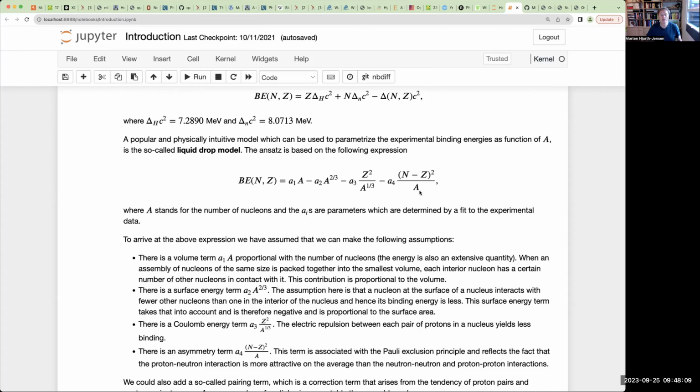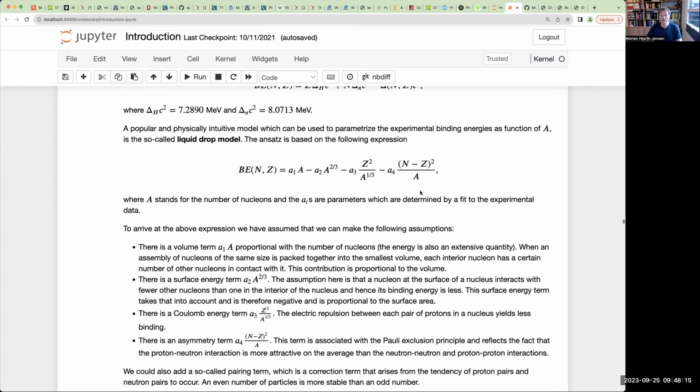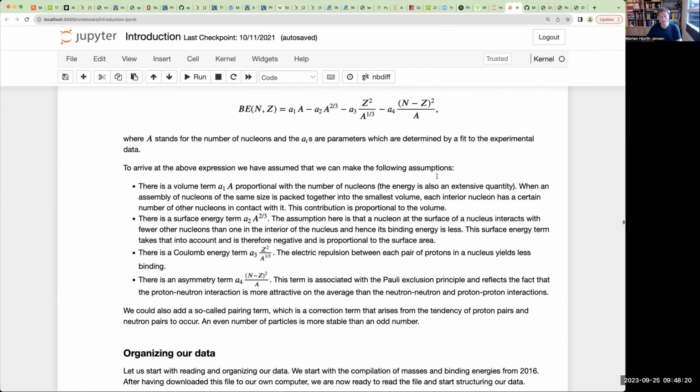So you should feel free to refine the model which I have in the slides here. As I said, I'm not going to plug in the N minus Z dependence here.